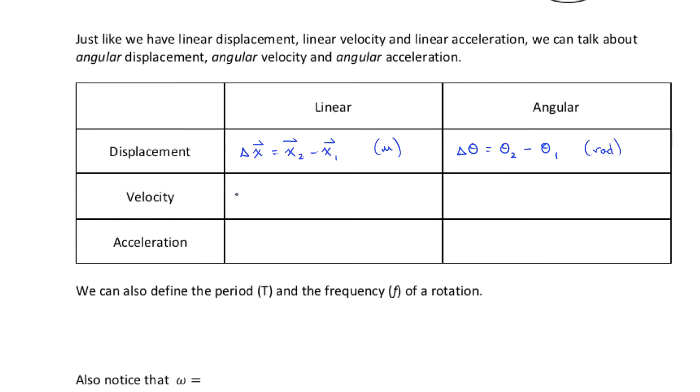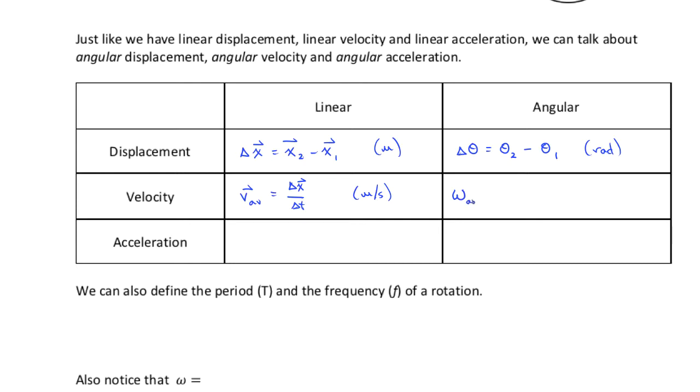Velocity in the linear case, let's say we're talking about average velocity. Average velocity would be the overall change in position, or the overall displacement, divided by the time it takes to do that, and that's going to be in units of meters per second. Well, similarly, we can find the average angular velocity. Angular velocity, or angular speed, is given the symbol omega. This isn't W, this is a Greek symbol omega.